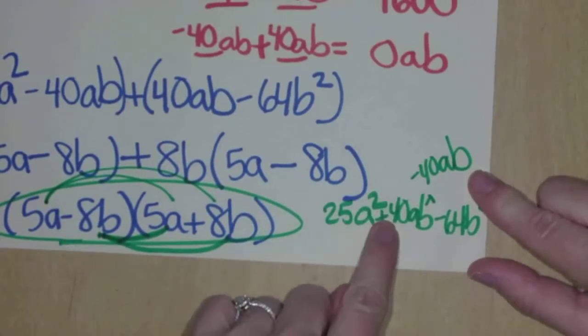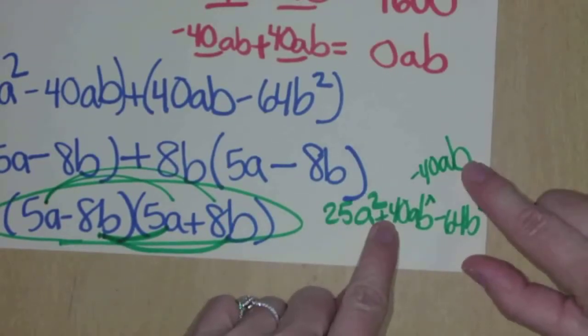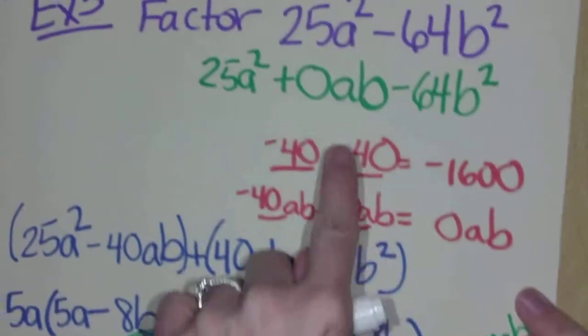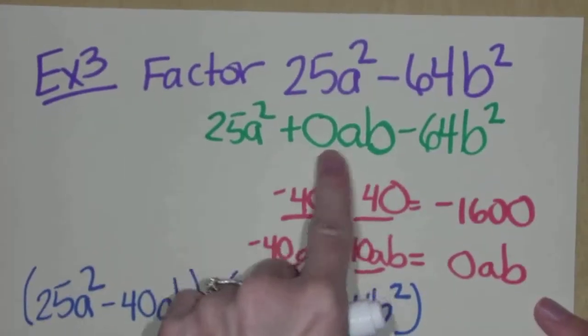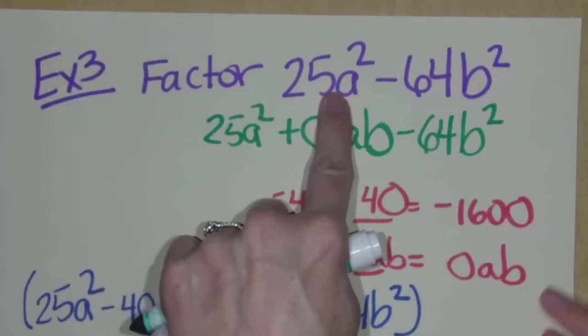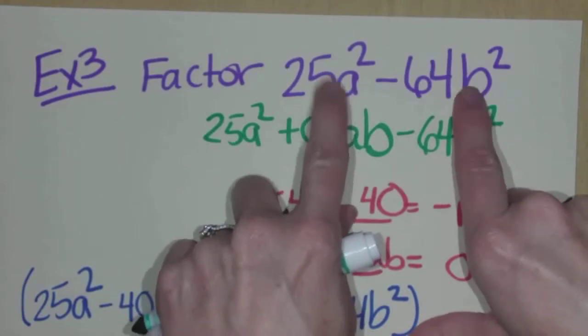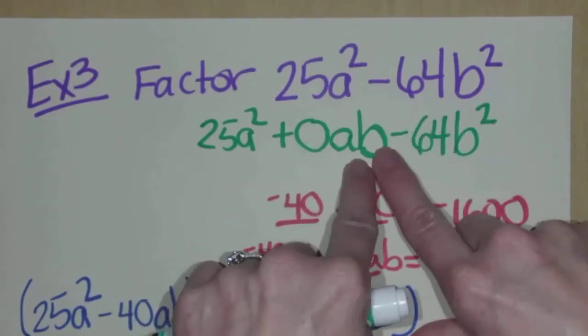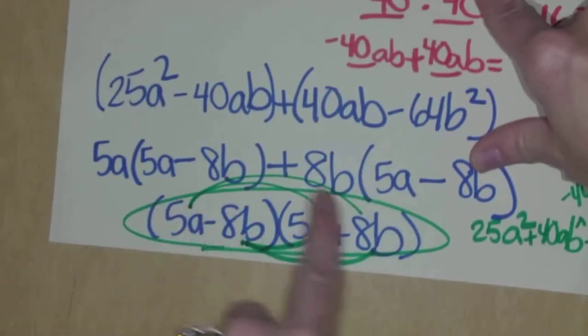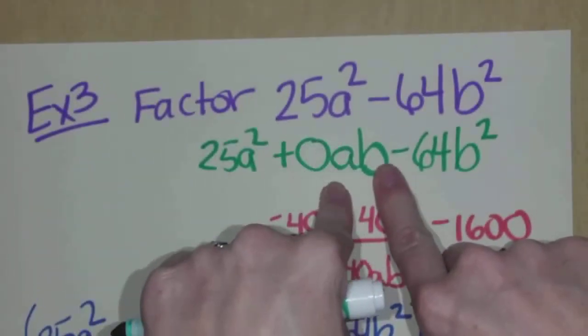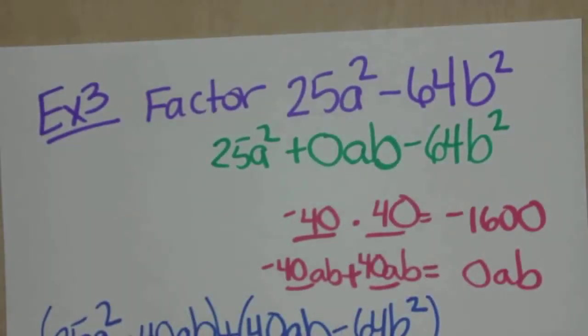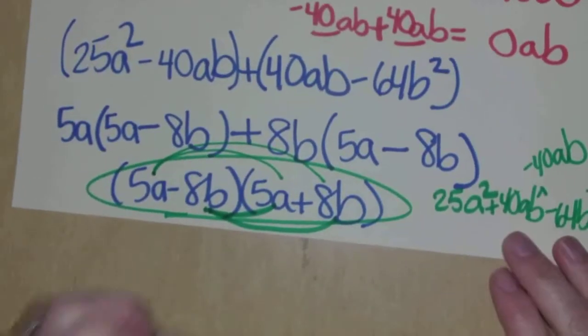And then the 40ab and the negative 40ab are what cancel to the 0ab. So that's why when you have one variable here and a different variable on the back, your center, when you multiply, is going to have them both. So that's why I did that. So that makes this problem just a little bit more challenging. All right, difference of squares.